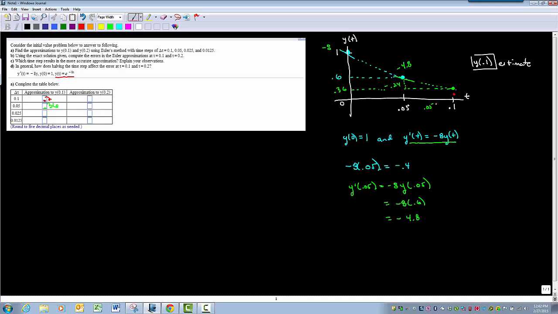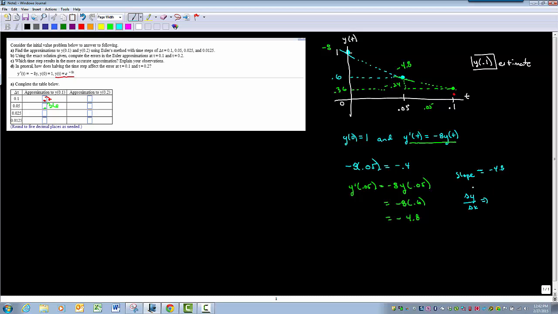Now, if it's not quite clear where this negative 0.24 came from, let me just explain that. You've got your new y value. The slope here was negative 4.8, and the slope is the change in the y over the change in the x.